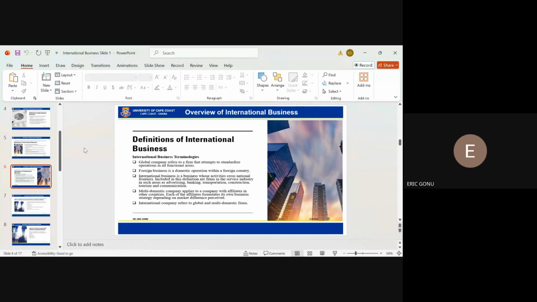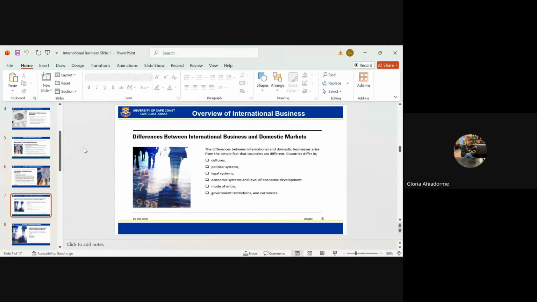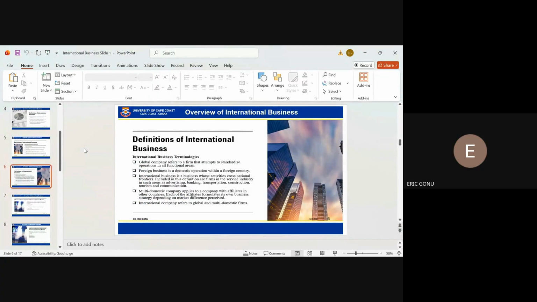But sir, how is it different from multi-domestic? That's why we are saying we are talking about the operations, the activities, not the company. Companies can be part of global, or part of multi-domestic. Zenith can also be part of multi-domestic companies, since it has branches not only in Ghana but in other African countries.